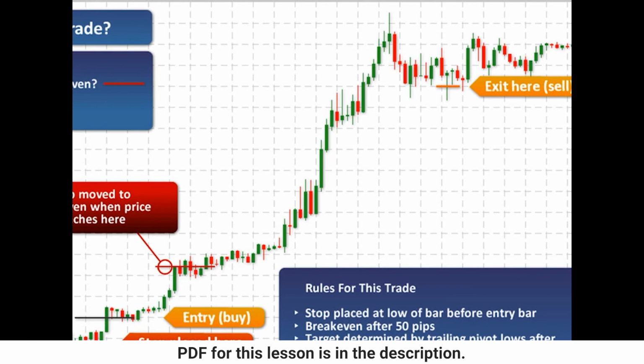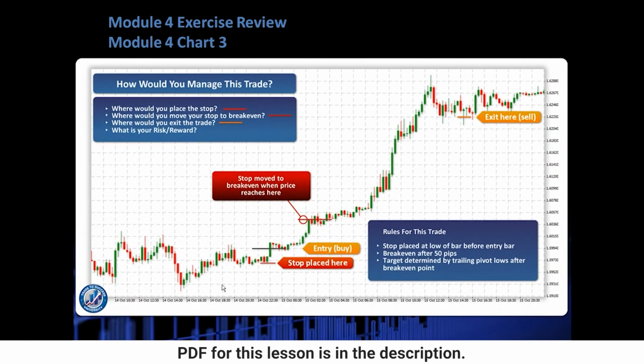So approximating that, we've got approximately 1 and a quarter for the stop and about 11 for the reward. Of course we cannot be exact because we're just looking at the chart, but we're looking at around about 8.75, 8.8 to 1 for the risk reward.